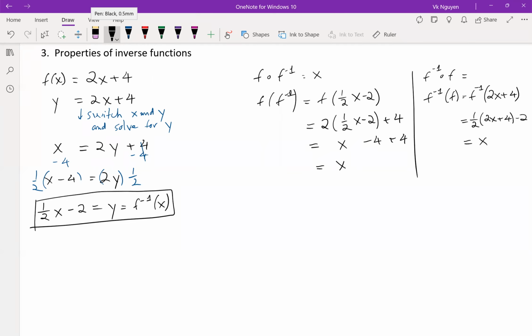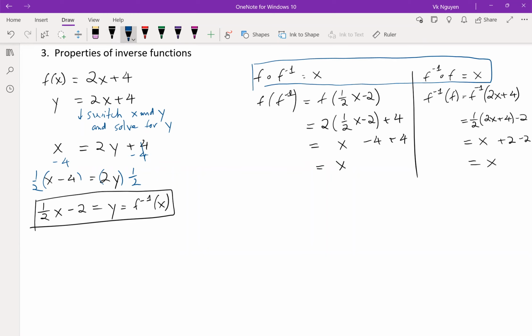Distribute, we get x plus 2 minus 2, and we have x. So F inverse of F is x. It's the first property. When we do the composition of F and F inverse, or F inverse and F, we have x.